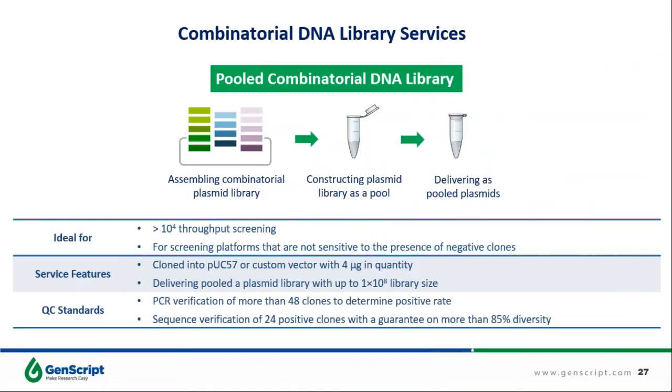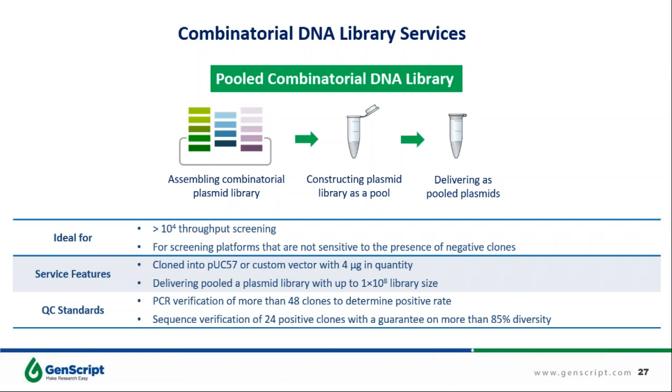We provide 3 different combinatorial DNA library services based on your research needs. For high-throughput screening, we have pooled combinatorial DNA libraries. All gene variants are either synthesized or amplified using the templates you provide. Then, they are assembled and cloned into your desired vector. The total plasmid pool contains plasmids up to the order of 10 to the 8.